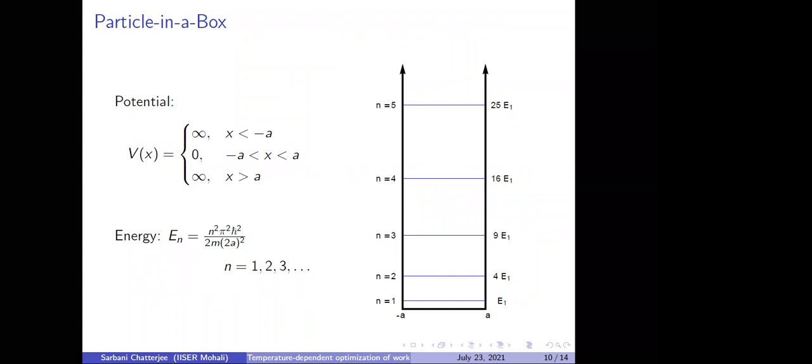Next, we consider a particle in a box as the working medium for our Stirling heat engine. Now, unlike the harmonic oscillator, the energy levels here are not equally spaced.